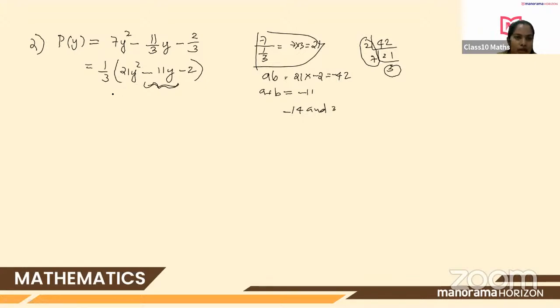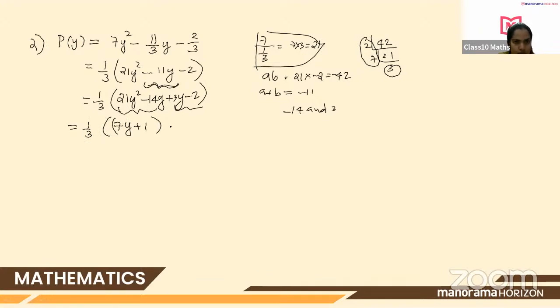So the values are minus 14y plus 3y minus 2, okay, into 1 by 3. So again, pairing this and this, we get 1 by 3 into 7y plus 1 into 3y minus 2.